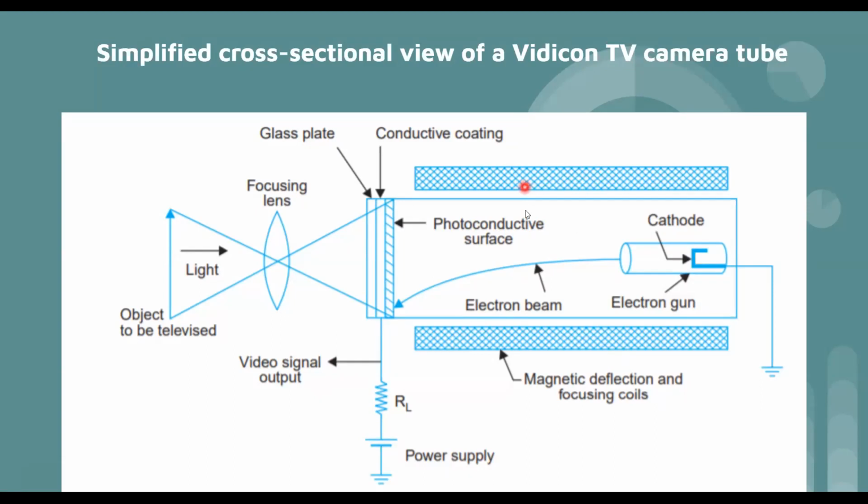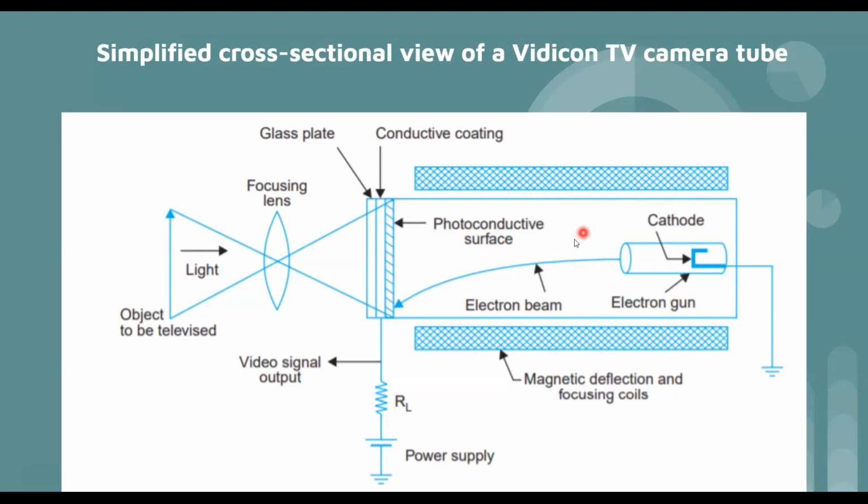When light falls on it, the resistance decreases depending upon the intensity of light falling on it, that is, the light intensity variation in the focused optical image.